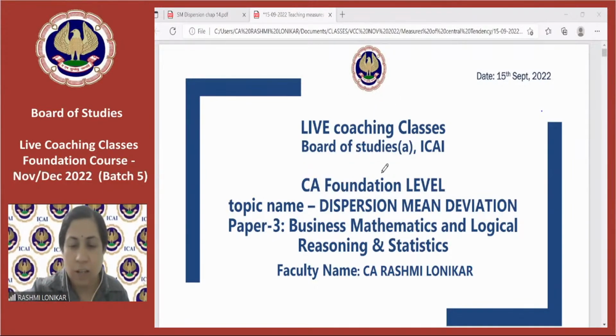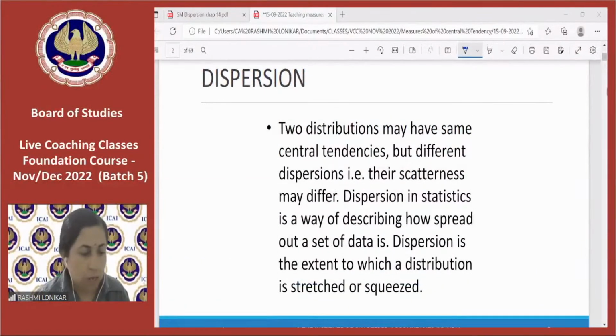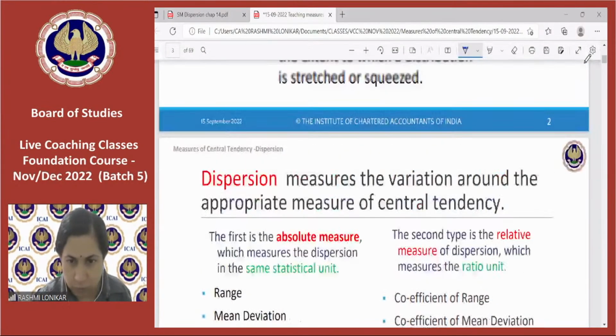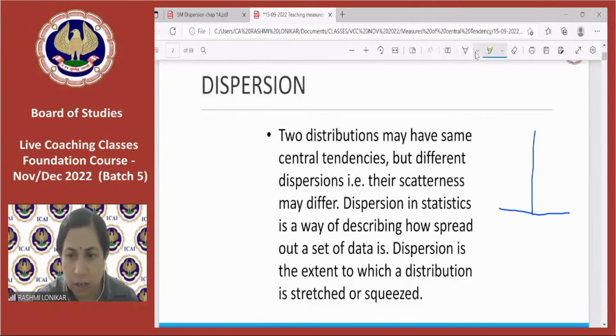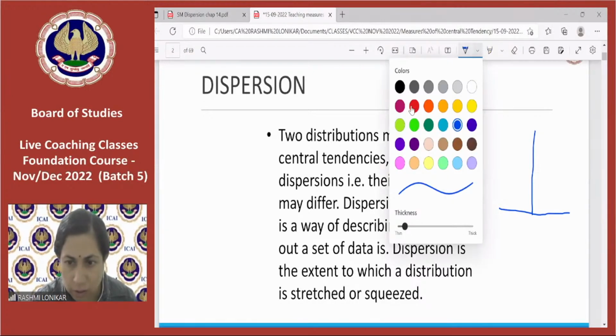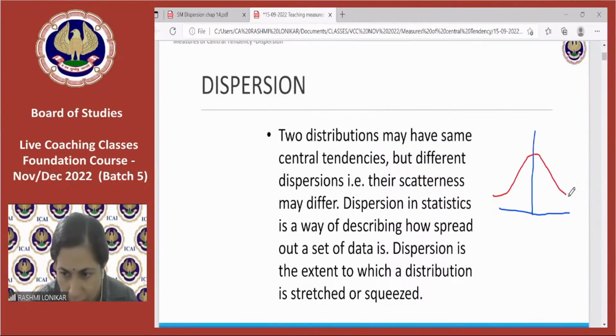Okay. So now let us go into this. Now, what is dispersion? Let me show you. Suppose I have my data and I plot my data, and when I plot one graph, it is looking like this.